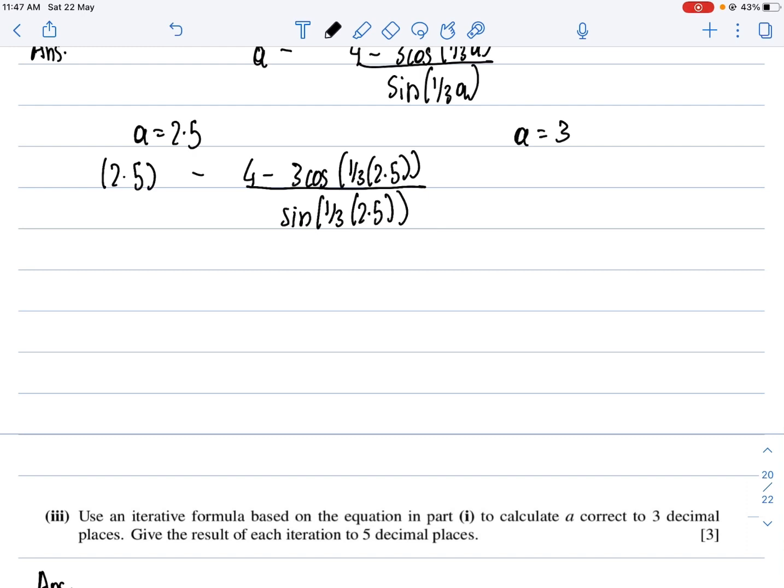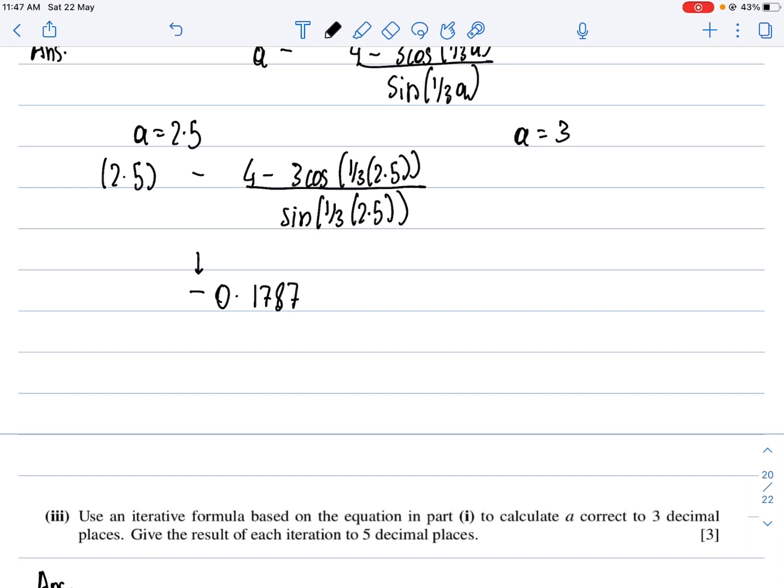Once you know the concept, you can solve any sum of iteration, numerical solution. Here I get my answer as minus 0.787. I care more about the sign. Now put 3 in place of 2.5 in the calculator.